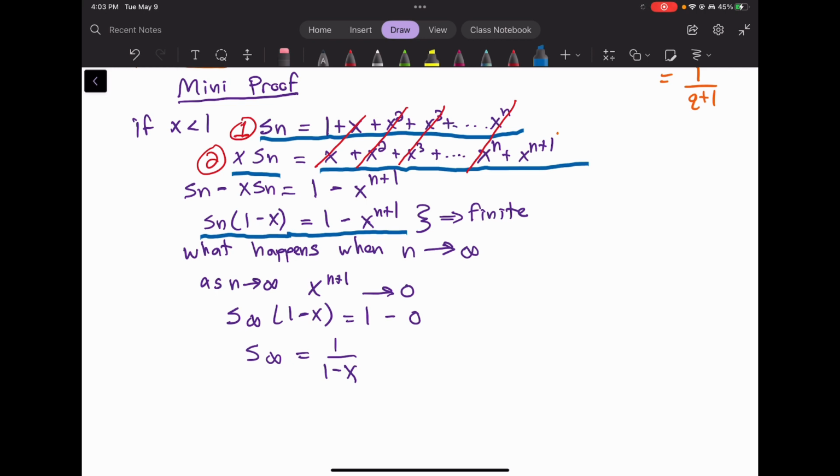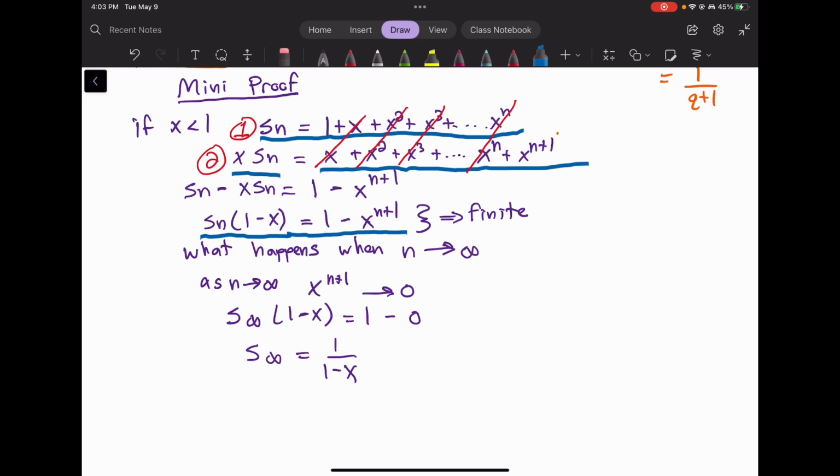So the problem is that this was a finite sum and our equation E is infinite. So when we look at this, we have to evaluate what happens when n goes to infinity. And as you can see, don't forget x is less than 1. So if x is like 1/2, then 1/2 times 1/2 times 1/2 times 1/2 eventually just gets smaller and smaller and approaches 0.